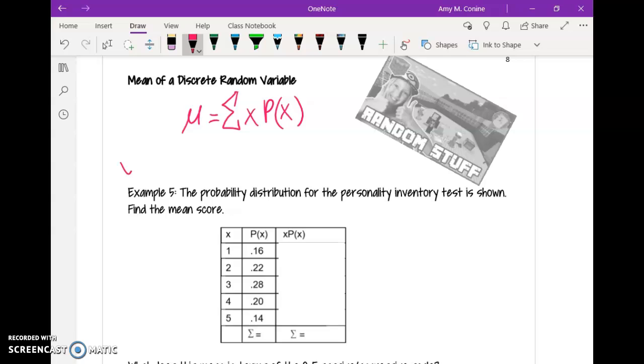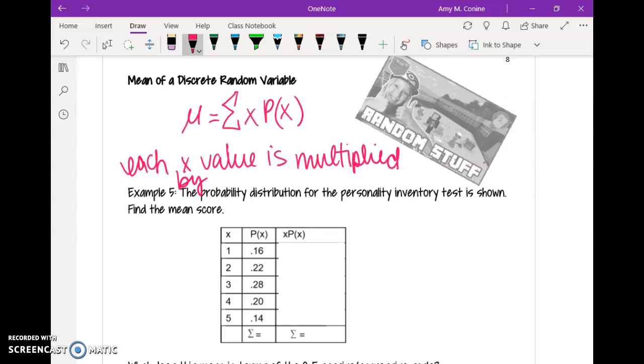Okay? And then each x value is multiplied by its probability.